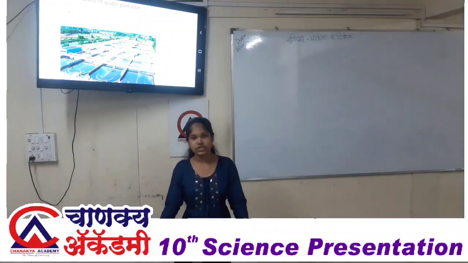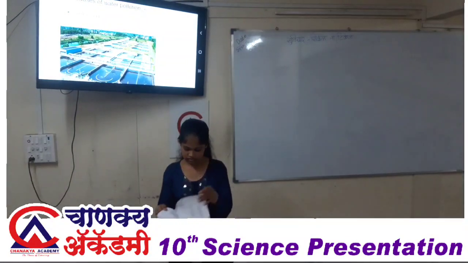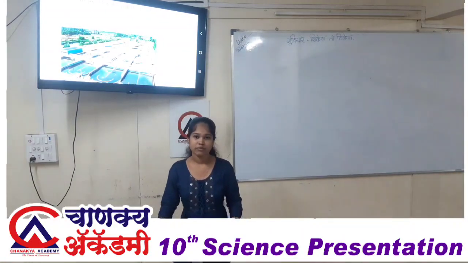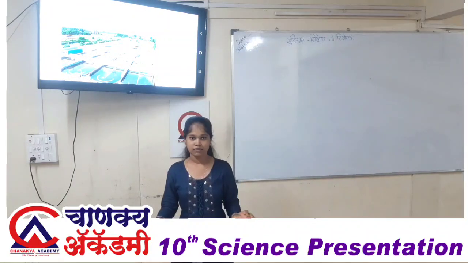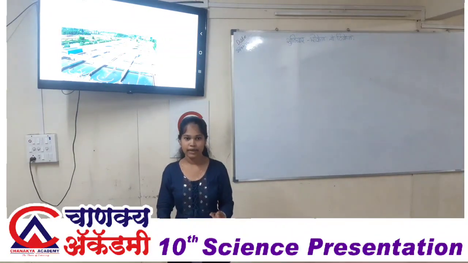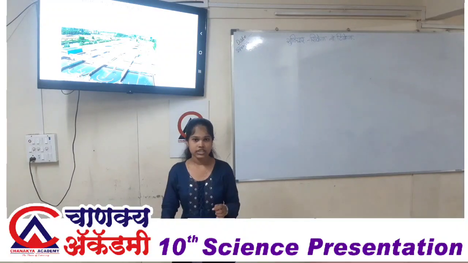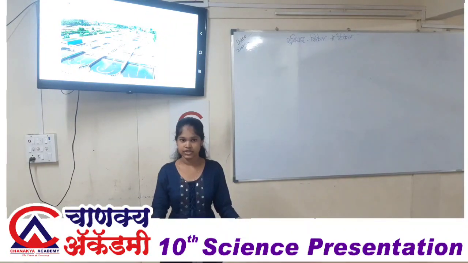Causes of water pollution. First one is urban sewage. The sewage from urban settlements is usually treated with chemicals before releasing into the water. It is mixed with the fresh water, and most of the time the water is not treated and is left into the water bodies.